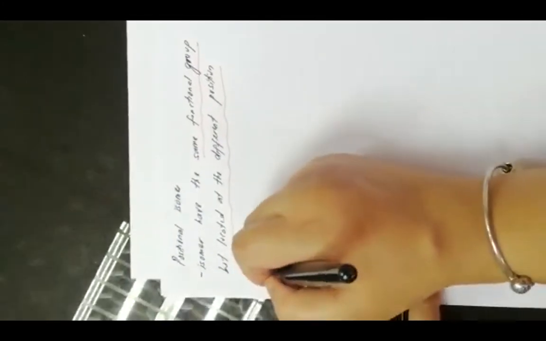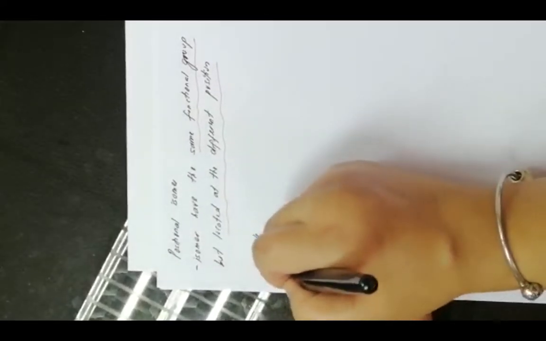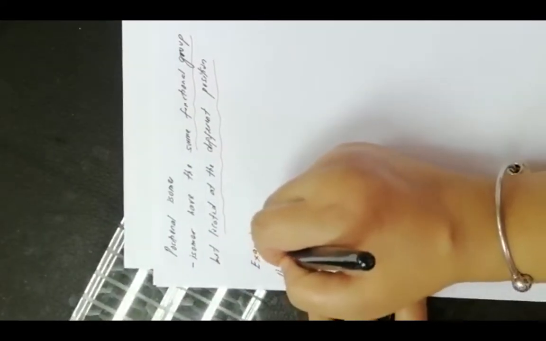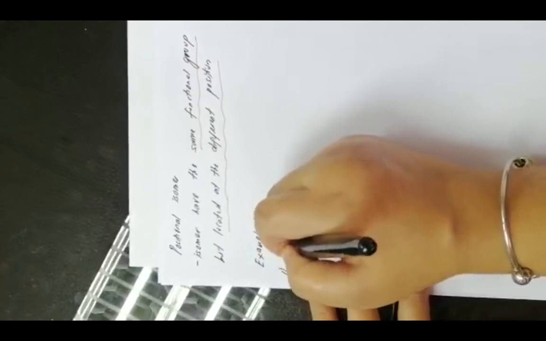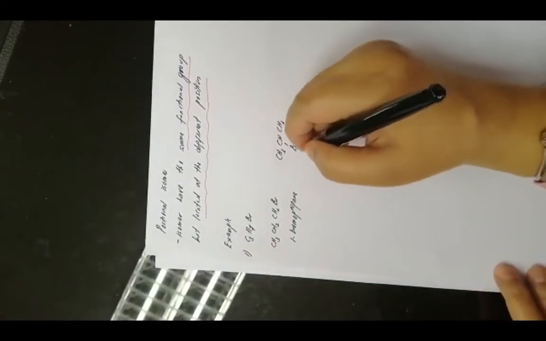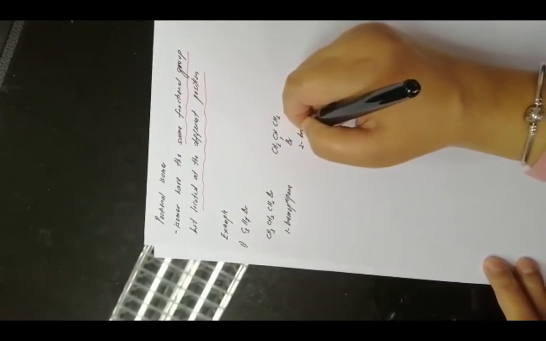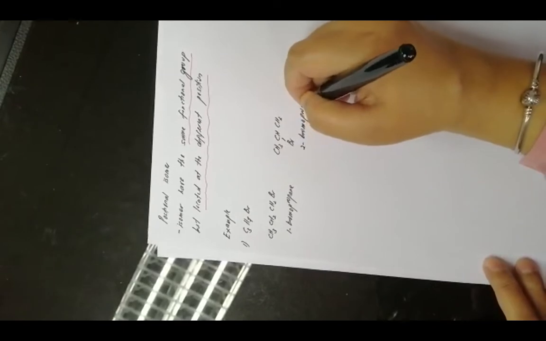Okay, so now we look at one example. Let's say we have a molecule with formula C3H7Br. So this is the molecule for CH3, and now bromine is located at the second carbon. So the name of the compound is 2-bromopropane.